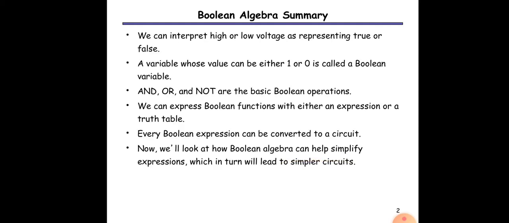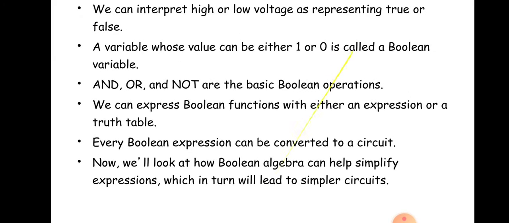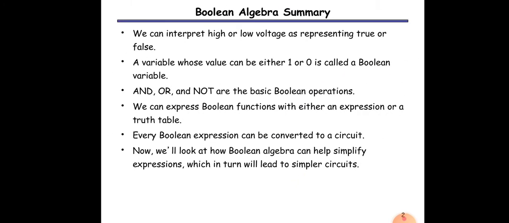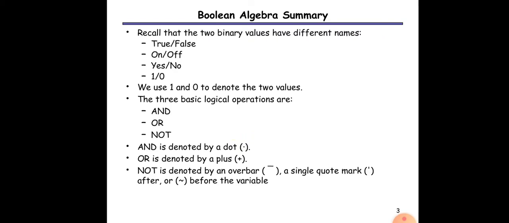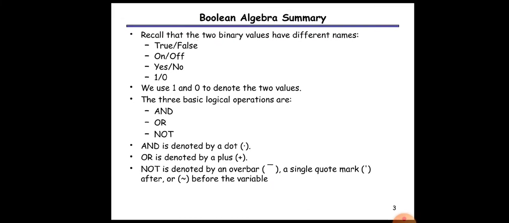Then we discussed the truth table for the three Boolean operations: AND, OR, and NOT. Then we discussed how we convert those Boolean operations AND, OR, NOT into the given expression.